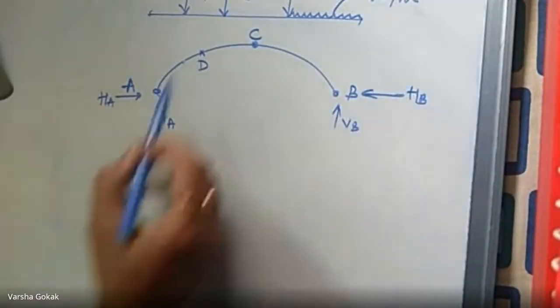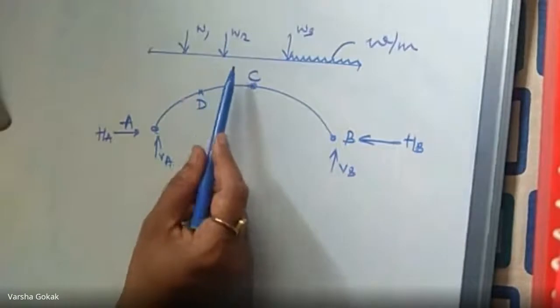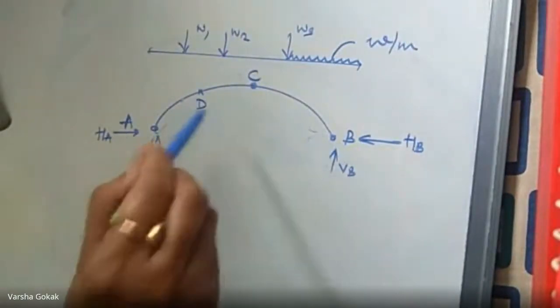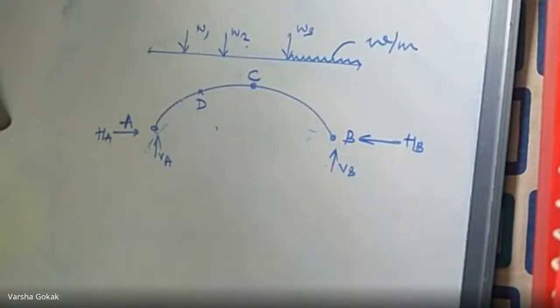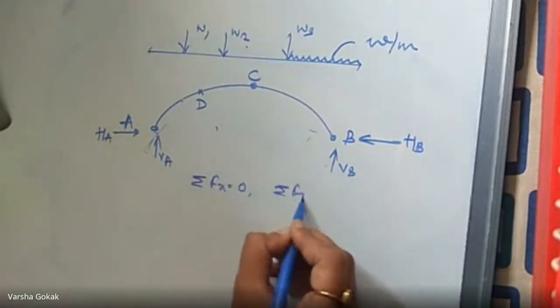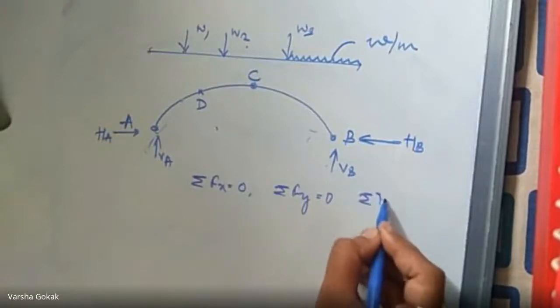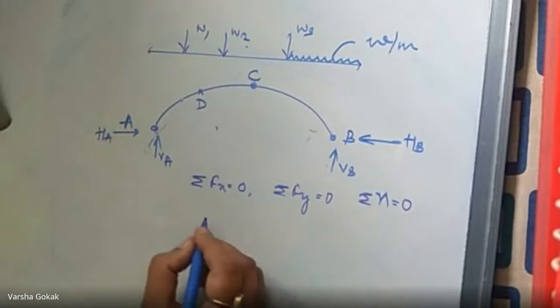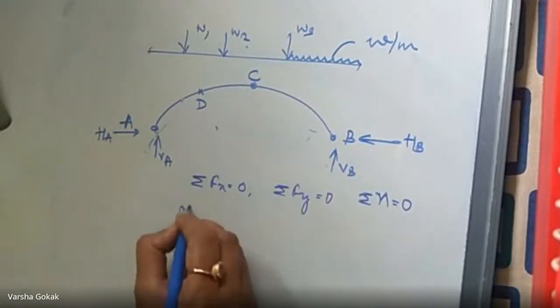Now we have to write the set of equations when the curved beam or the arch is under the static loading as shown in the figure. For this we will be applying the conditions of equilibrium, that is summation Fx equal to 0, summation Fy equal to 0, and summation M equal to 0, and we will be considering, I told you, normal thrust.